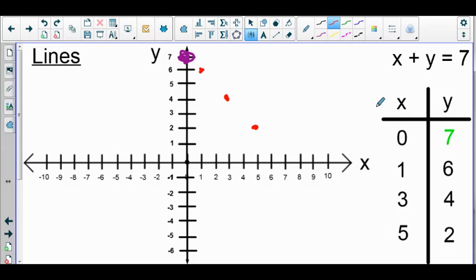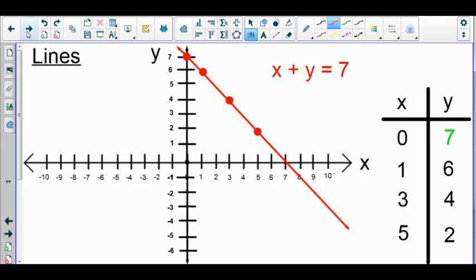And of course, if y was 0, then x would have to equal 7. So there it is. There's your entire line right there. Well, not your entire line, but the line that we can see on here. So that's how you would graph a line. And this is what it would look like right here. So x plus y equals 7. There's all your points. And then it would make a line. Okay, so that is a quick review of how to plot a line.